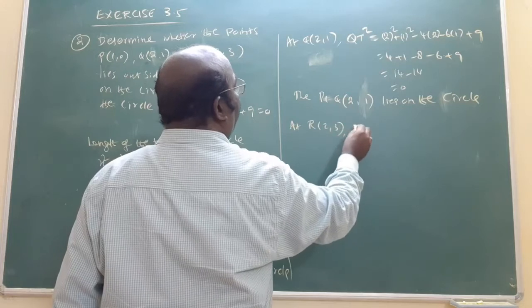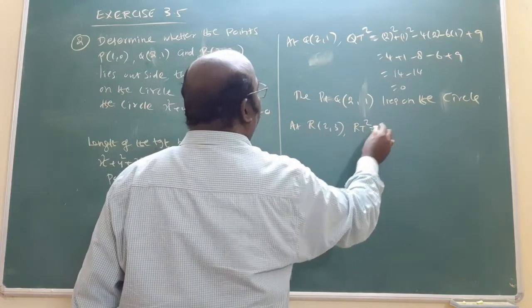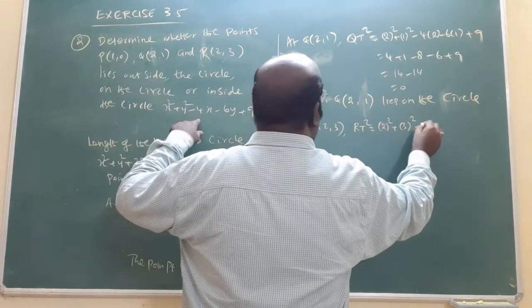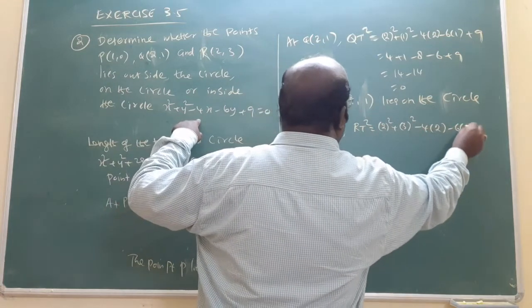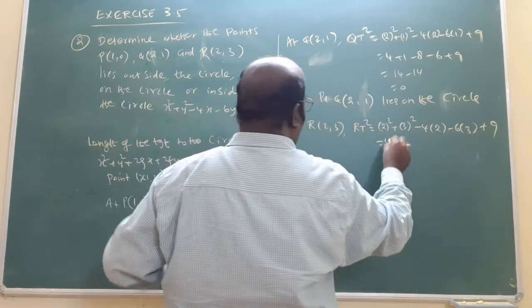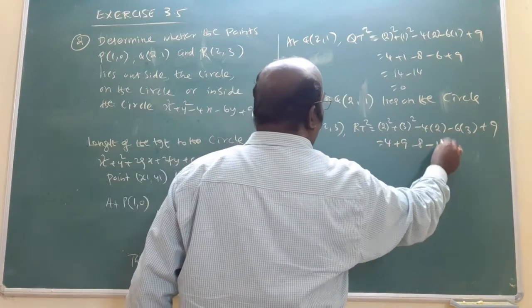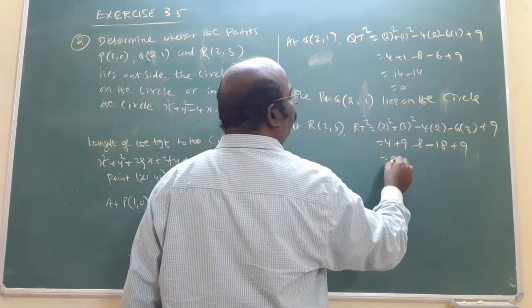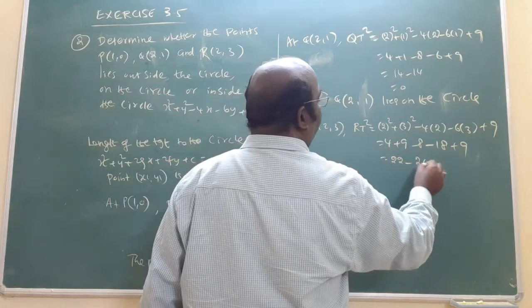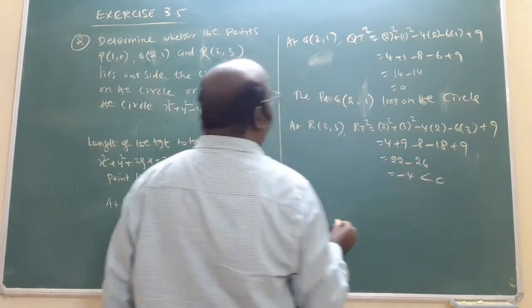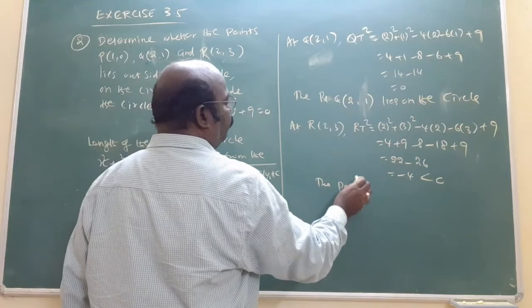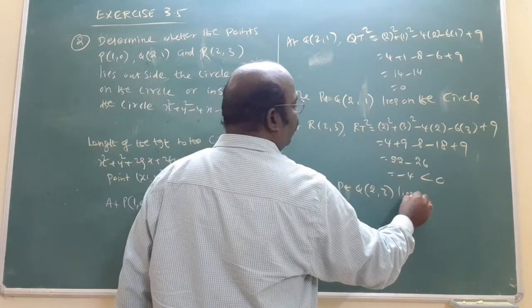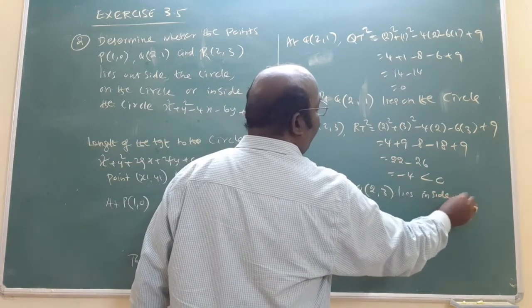Again RT square for the same circle: 2 square plus 3 square minus 4 into 2, 6 into 3 plus 9. 4 plus 9 minus 8 minus 18 plus 9. 9 plus 9 is 18, 22 minus 26 is minus 4. This is less than 0. Therefore, the point R lies inside the circle.